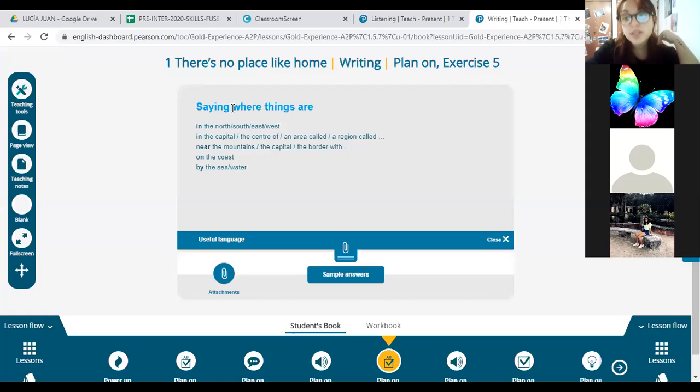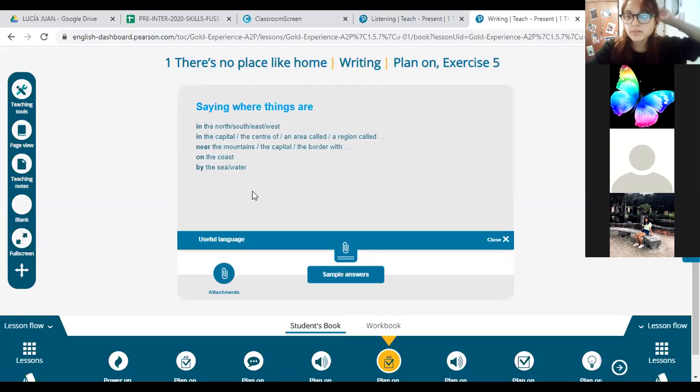Okay, so this is some useful language that you can use to make your article more organized, or in order to say where things are.